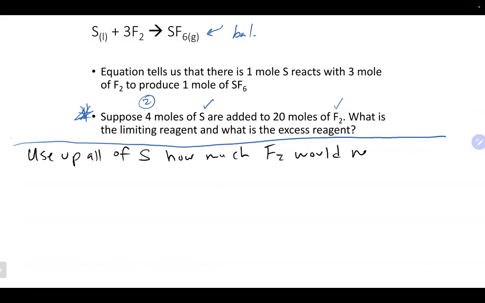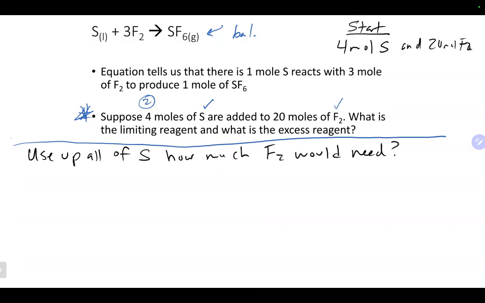So you're basically going to do just a small little calculation here to go, I want to use up all of one of the reactants, how much of the other reactant do I need? Just so we're clear, what we are starting with of both of those is given to us here, 4 moles of sulfur and 20 moles of F2. So that's basically our starting amount.